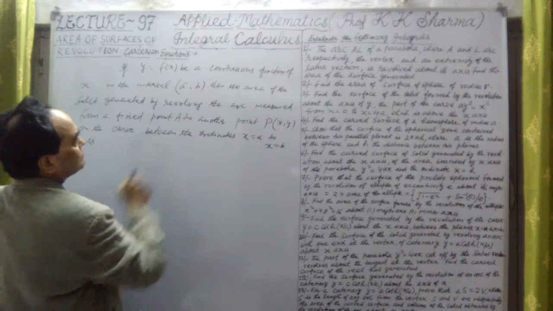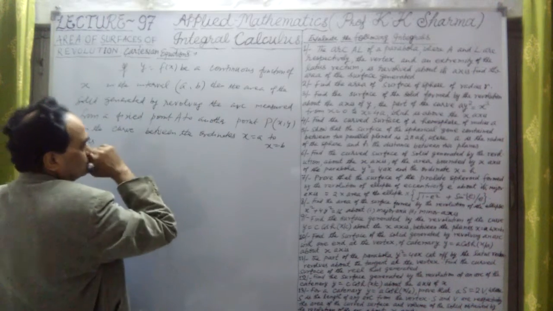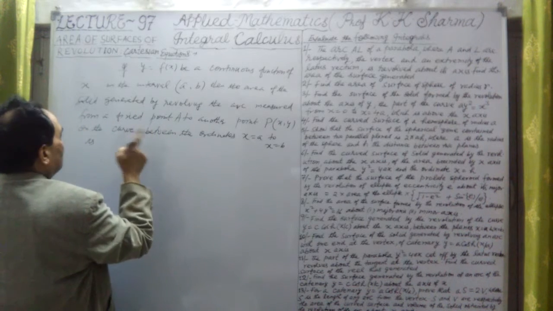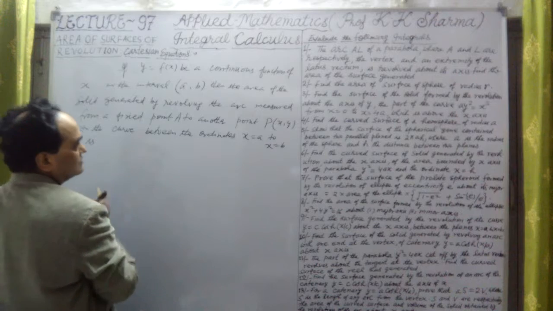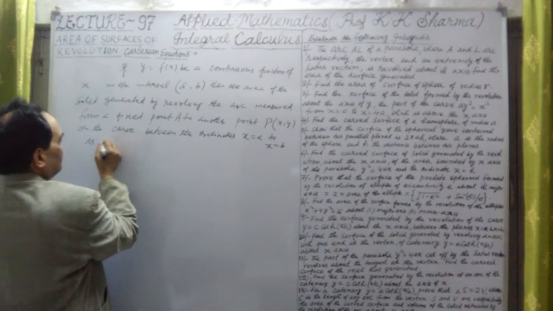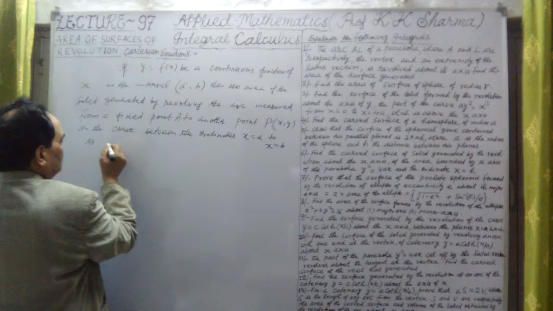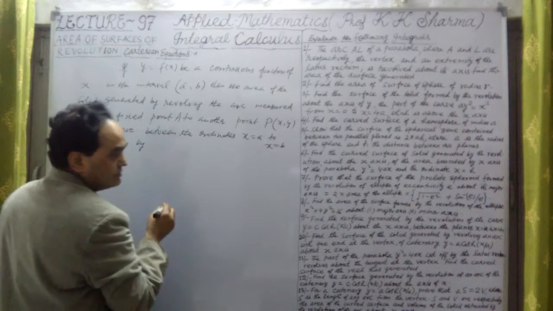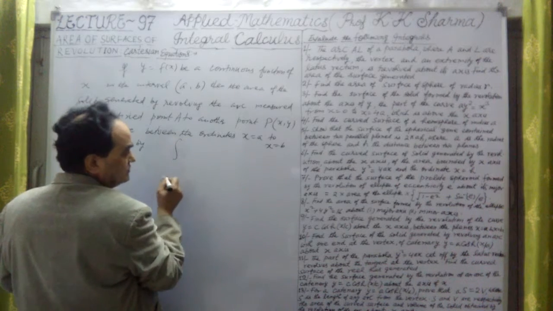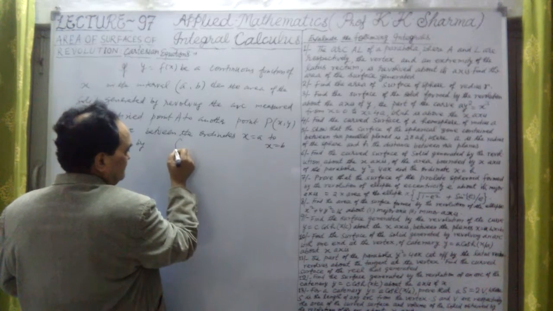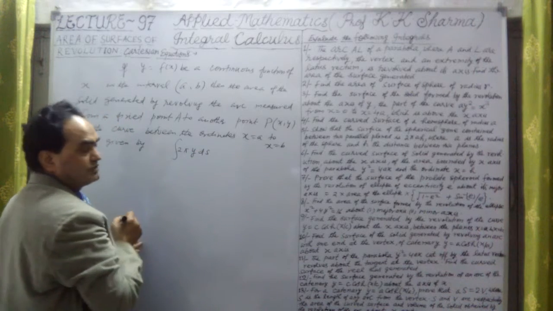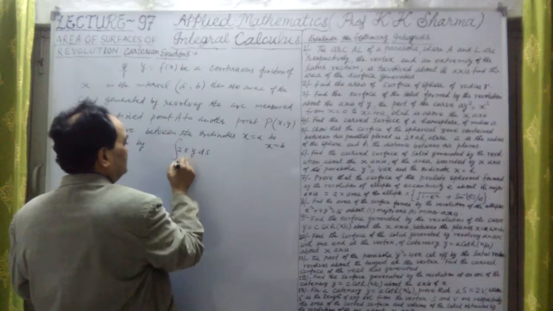Then the area of the surface of the solid generated by revolving the arc measured from a fixed point A to another point P on the curve between the ordinates x equal to a, x equal to b, is given by the integral, twice pi, y into ds, between limits a to b.